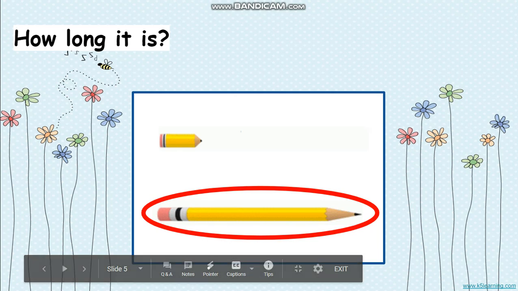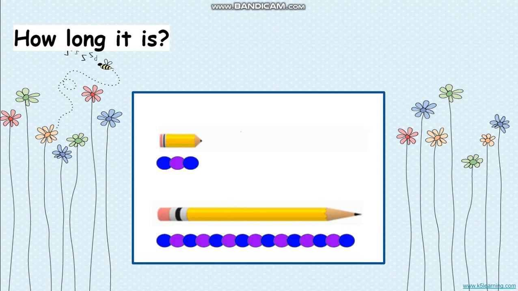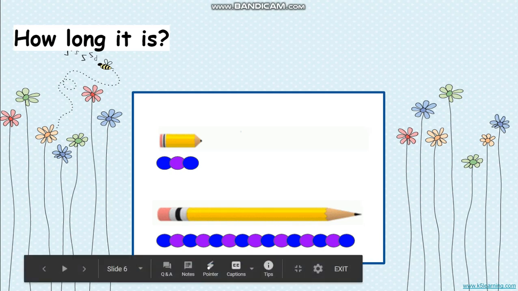If we want to be more detailed, we can use something, like a bead or an eraser. We use the same thing and put them right next to each other to measure it. For example, the upper pencil is 3 beads long. What about the bottom pencil?